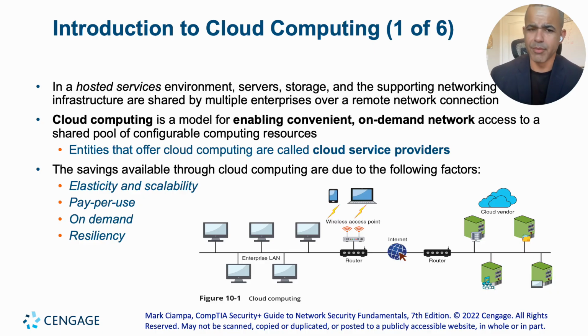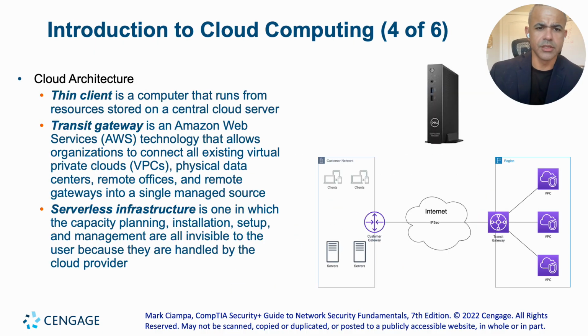I say has the capability because these devices are very easy to spin up. So if I only have one domain controller or one web server, well, guess what? I'll just have another one as a backup and I can spin that up really quickly. So that's really where all the savings come from when we talk about elasticity, scalability, pay-per-use, on-demand, or resiliency.